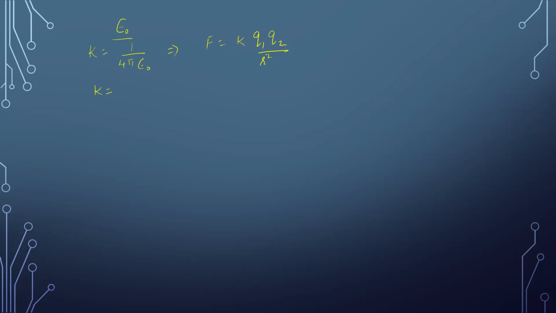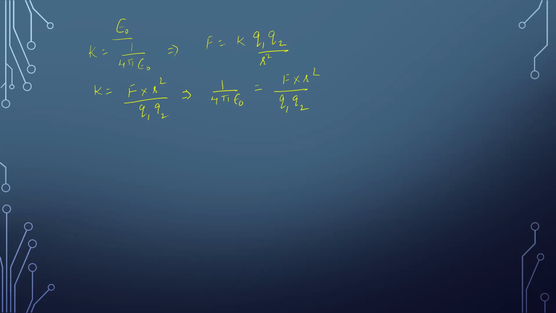So K is equal to F into r square upon Q1 Q2. Since K is equal to 1 upon 4 pi epsilon naught, 1 upon 4 pi epsilon naught is equal to F into r square upon Q1 Q2.